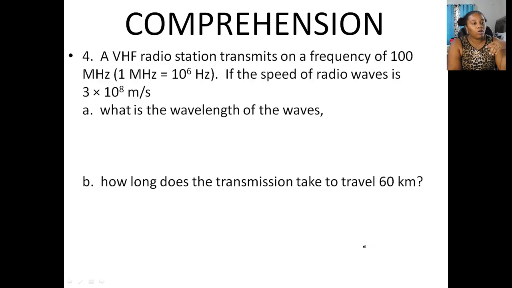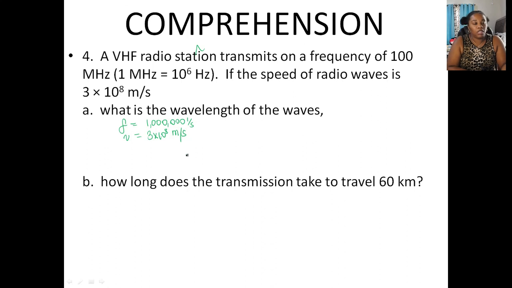Okay. So a VHF radio station transmits on a frequency of 100 megahertz. If the speed of radio waves is 3 times 10 to the 8, what is the wavelength of the waves? So we already have the frequency. So frequency equals 10 to the 6, how we can convert mega to hertz, and it gave the answer here 1,000,000 hertz. And we also have the speed, which is 3 times 10 to the 8 meters per second.